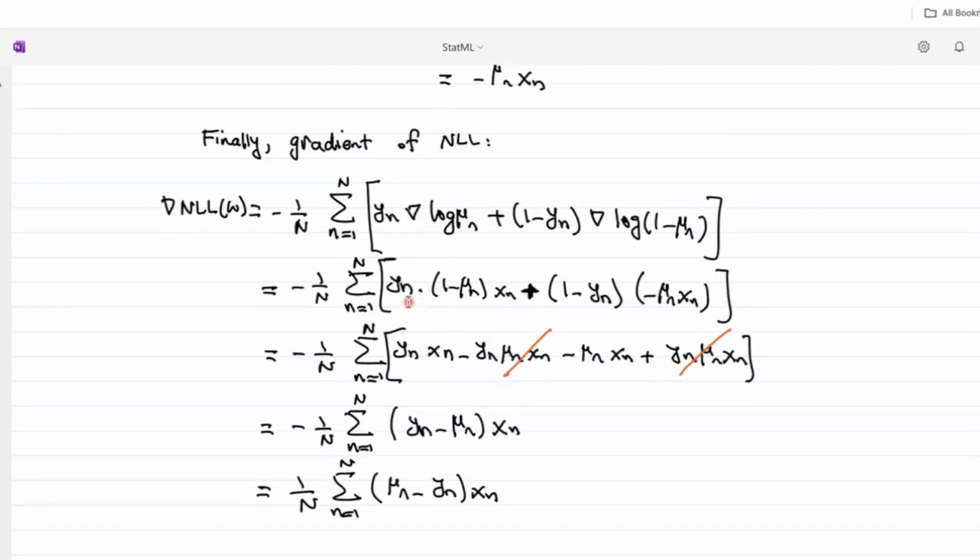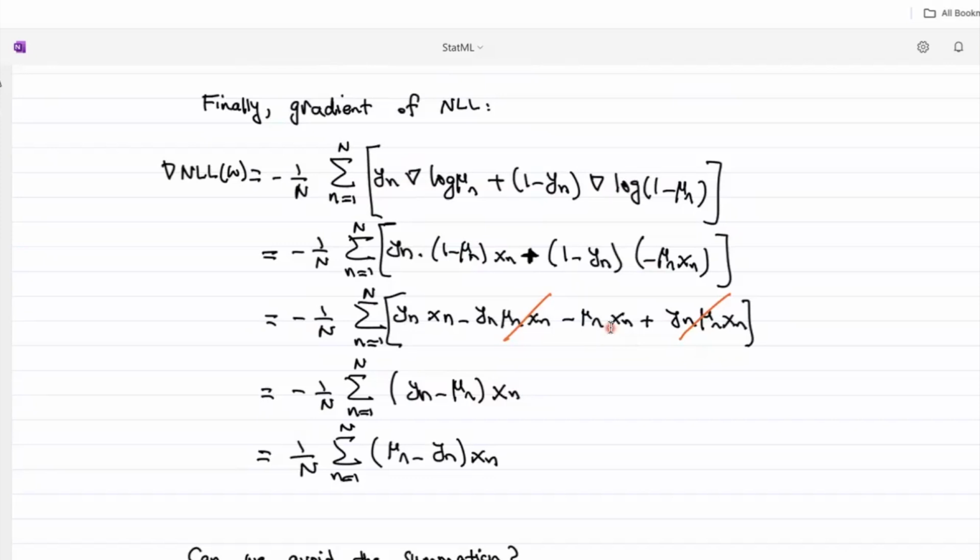Because we get yn mu n xn with a negative sign. And then negative times negative is positive, and we get mu n yn xn. And we are only left with 2 terms, and we're gonna do this yn minus mu n xn.